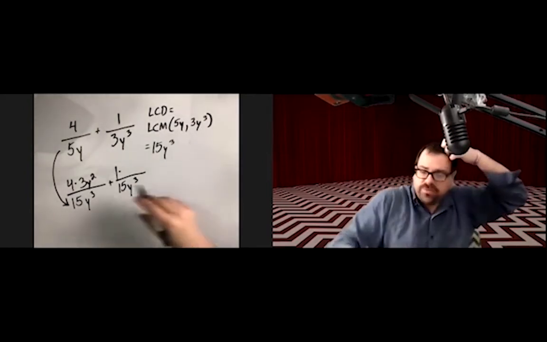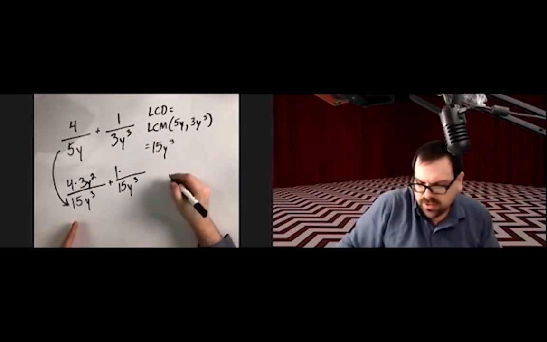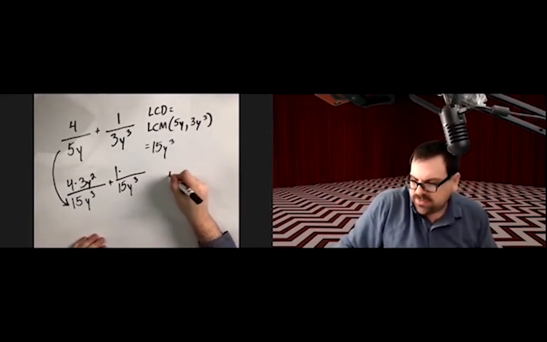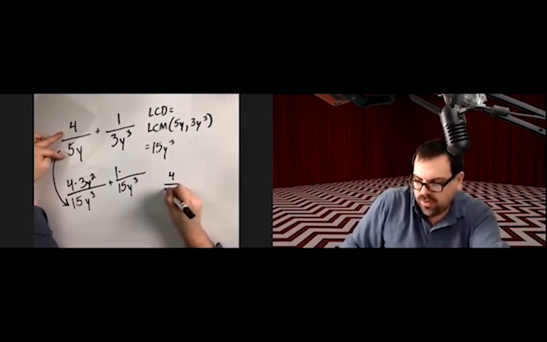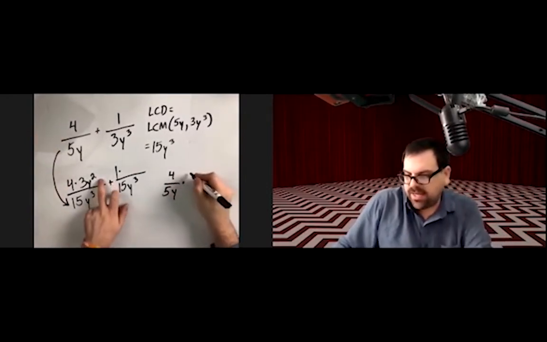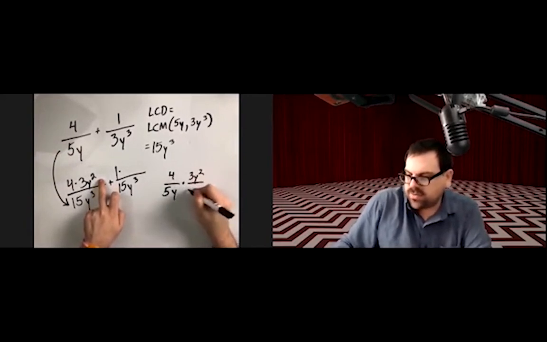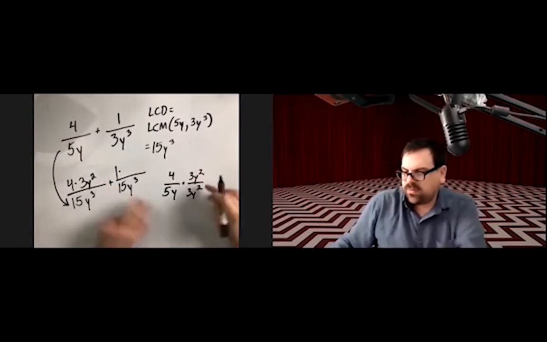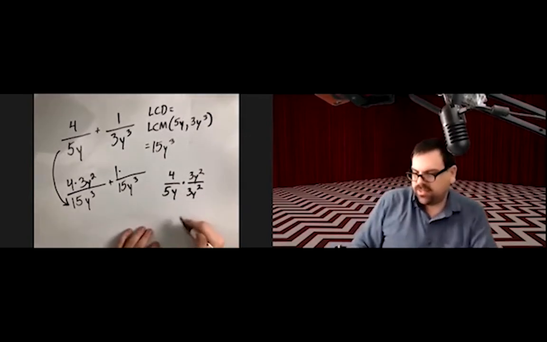So just real quick before we do this side, why does this work? Well, it works because we take our original 4 over 5y and we end up multiplying by, in this case, 3y squared over 3y squared, which is 1. It doesn't change it.